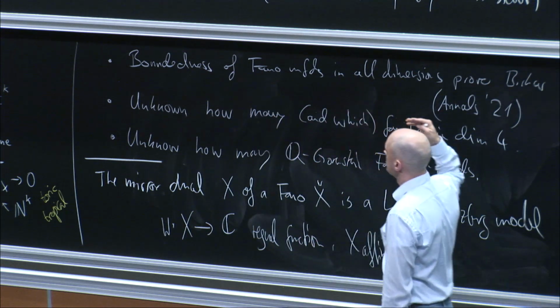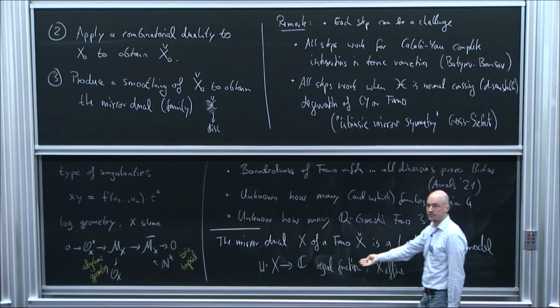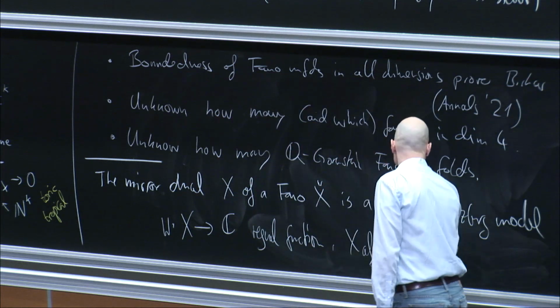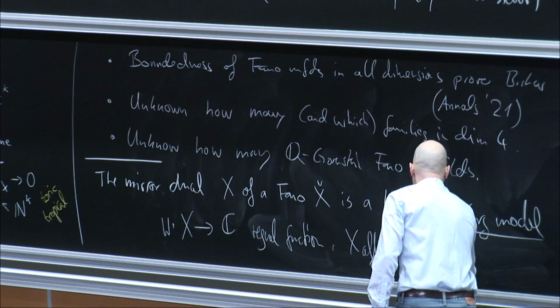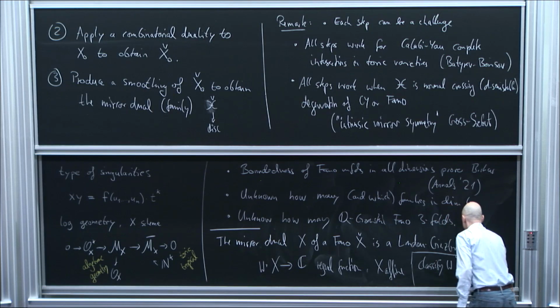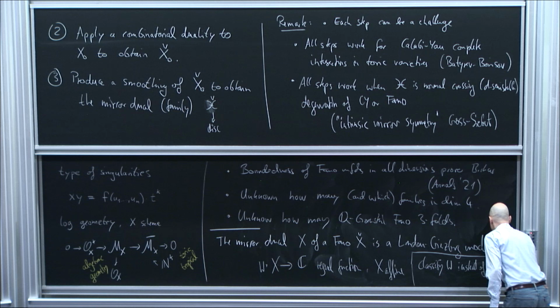And the idea of how you want to use mirror symmetry to classify Fano manifolds is you want to classify those functions. Okay? And that might be an easier problem. So the idea is, classify W instead of the Fano X, okay?